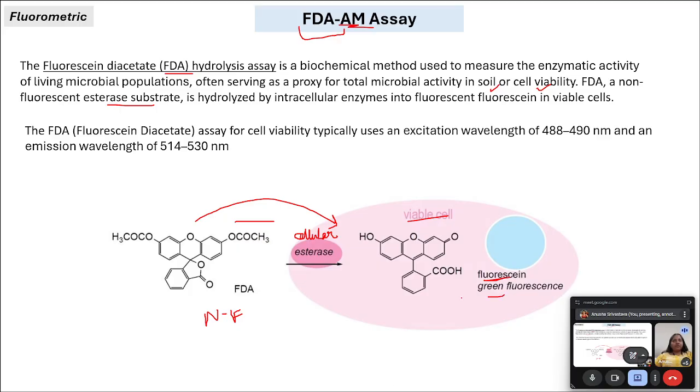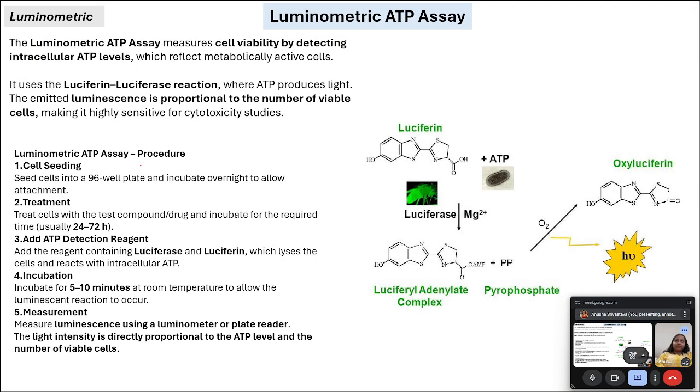It gives green fluorescence. So this is a fluorometric method that is used for cell viability. Typically, it uses an excitation wavelength of 488 to 490 nanometers, and the emission wavelength is recorded from 513 to 530 nanometers.